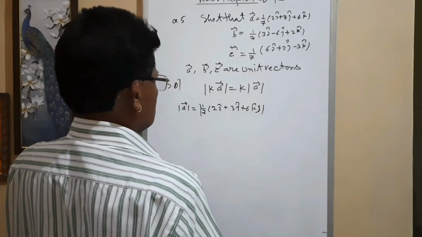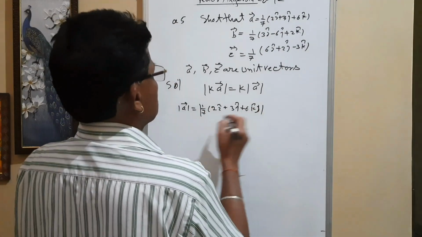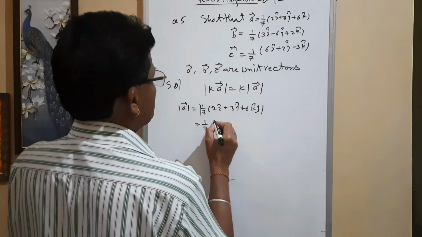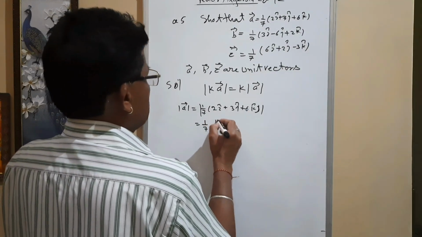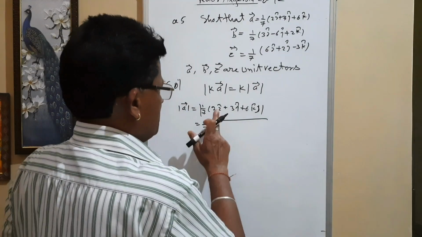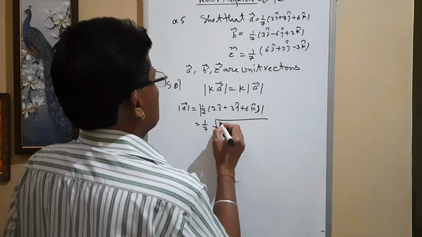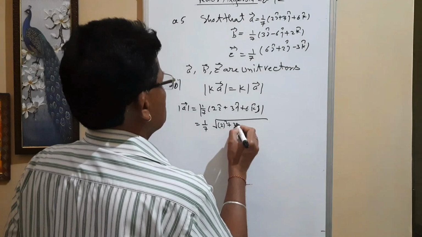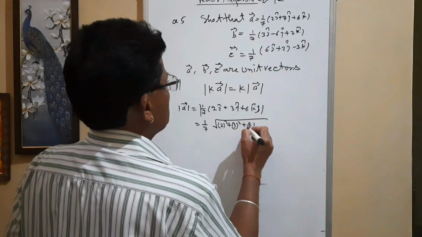What will be its magnitude? It will be equal to 1 by 7 times the magnitude of it. As I told you before, you will take the square root of the sum of the squares of their scalar components: 2 square plus 3 square plus 6 square.